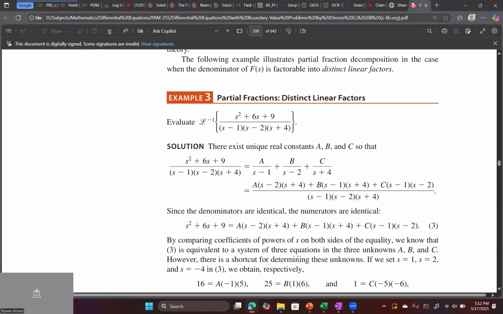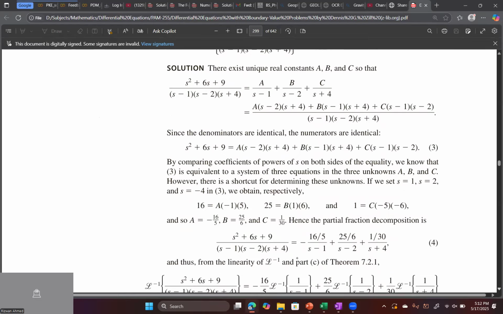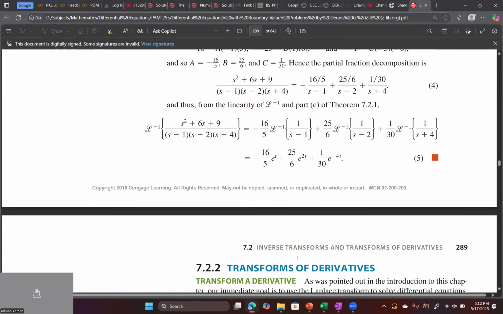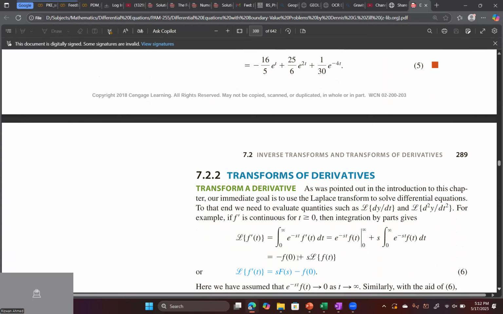Okay. Let's see what next we have. So the partial fraction calculation is a bit involved. However, the functions e raised to the power t, e raised to the power 2t, and e raised to the power minus 4t have been correctly calculated.